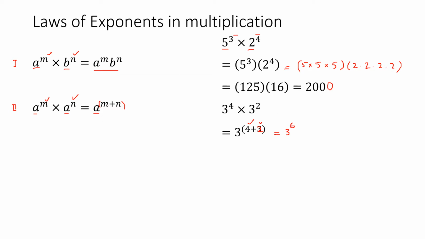So it comes out 3, 4 plus 2 comes 6. Okay, and if we multiply this 3, that means 6 times, so I think we get 3 raised to the power 6 comes 729.